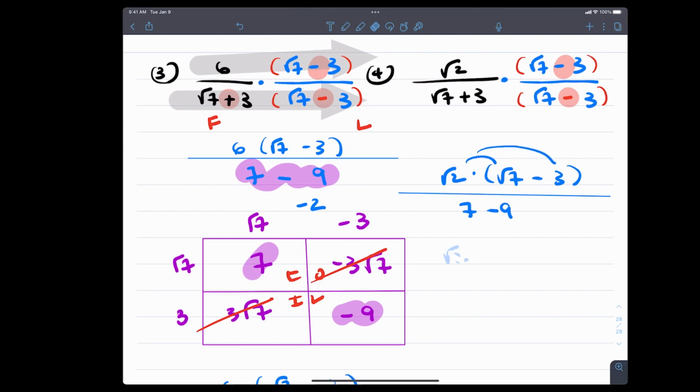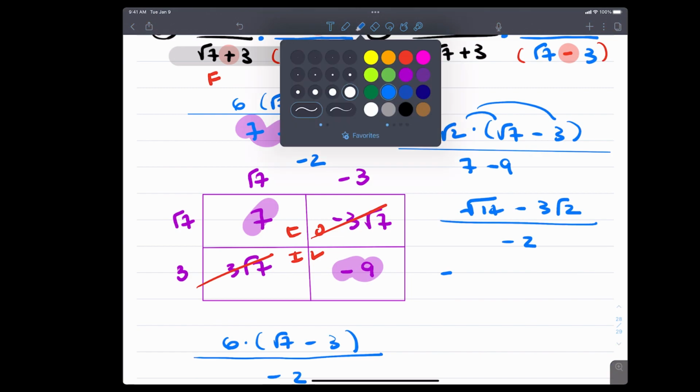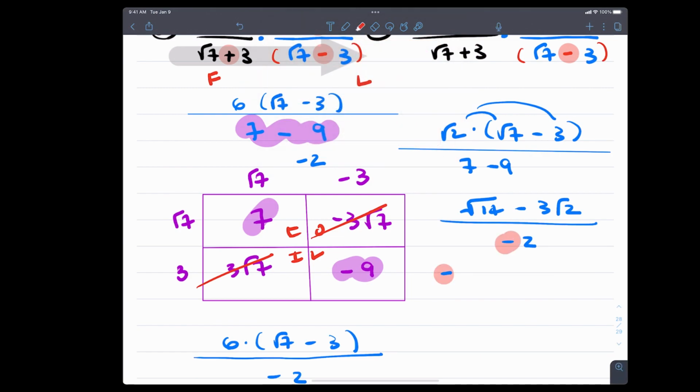Distribute. All right, so you get the square root of 14 minus 3 square root of 2 divided by negative 2 here. So a positive divided by a negative, to let you guys know with this negative sign, what we can do is just simply put it at the same level as our division. There's a 2.